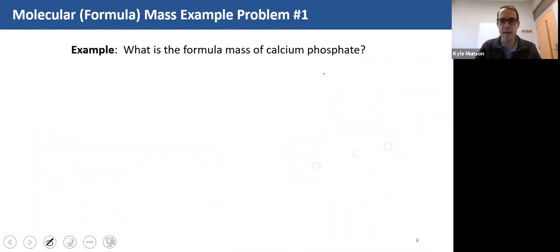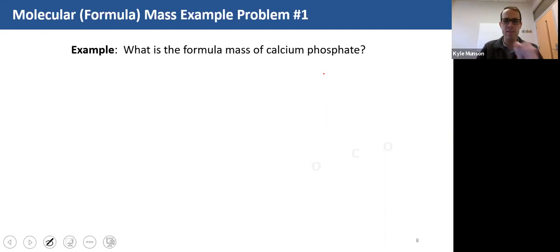What is the formula mass of calcium phosphate? Well, again, we have to recognize that we need to be good at naming and writing down the formulas of ionic compounds. It's going to keep coming back. So if you're having trouble with that, go back to those videos on naming ionic compounds and writing their formulas.